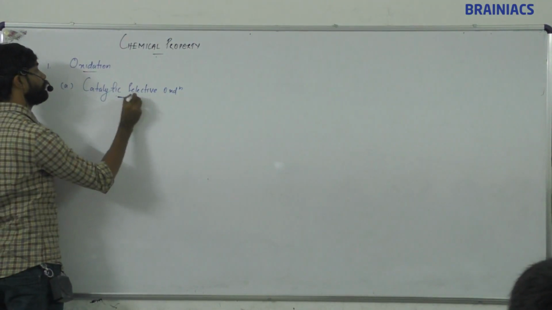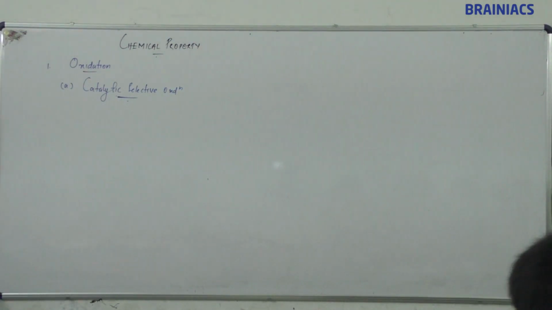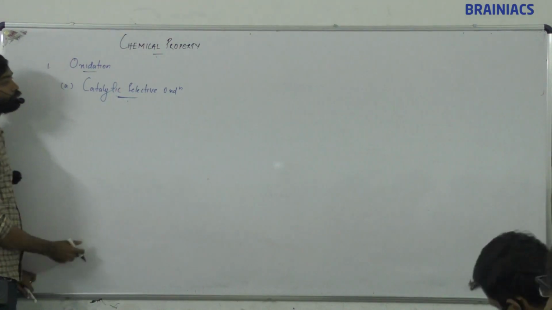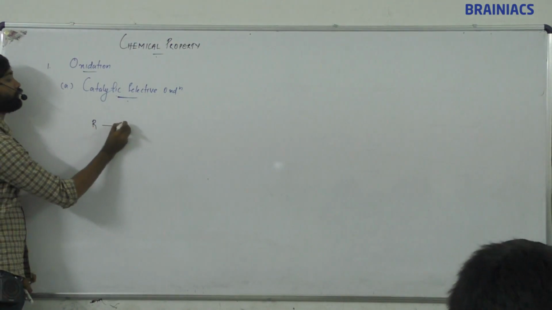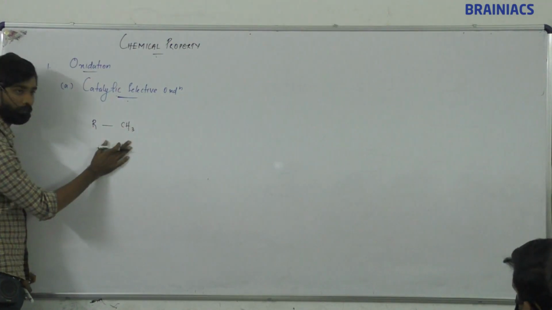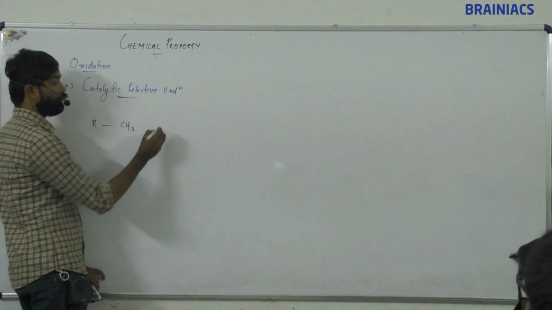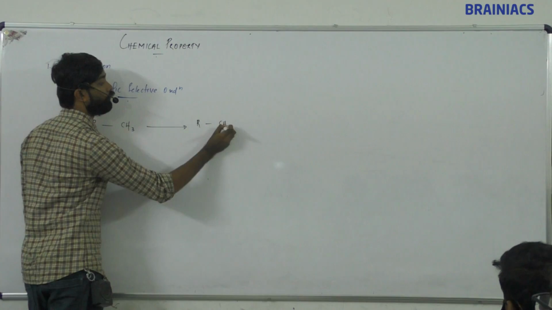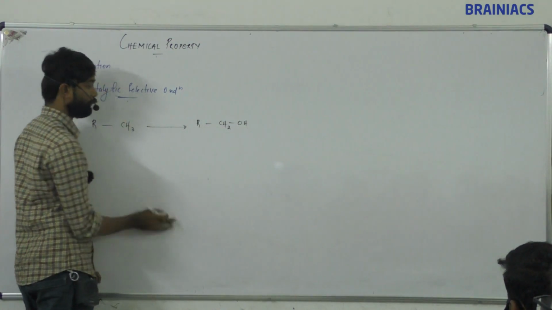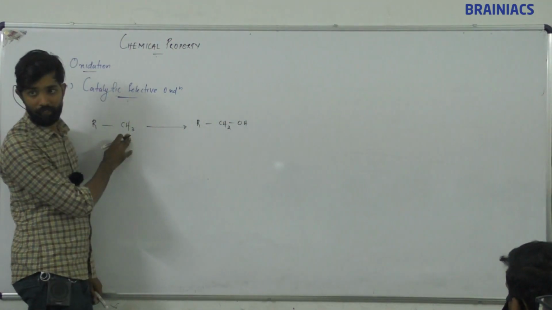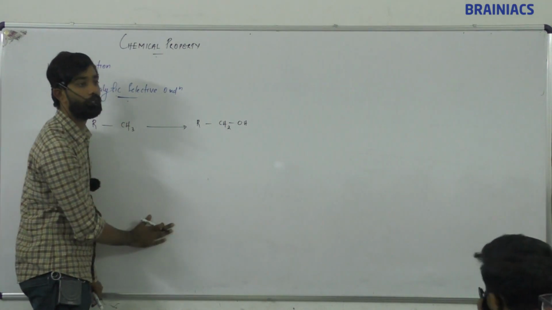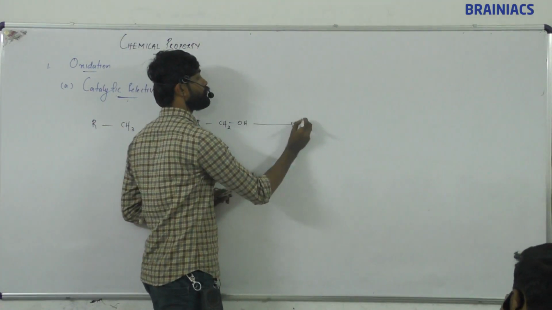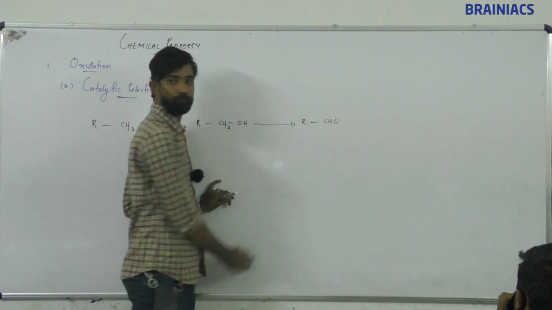The first one is catalytic selective oxidation. If your alkane on oxidation forms a primary alcohol, normally the primary hydrogen of the alkane is oxidized to form a primary alcohol. Further oxidation forms aldehyde.